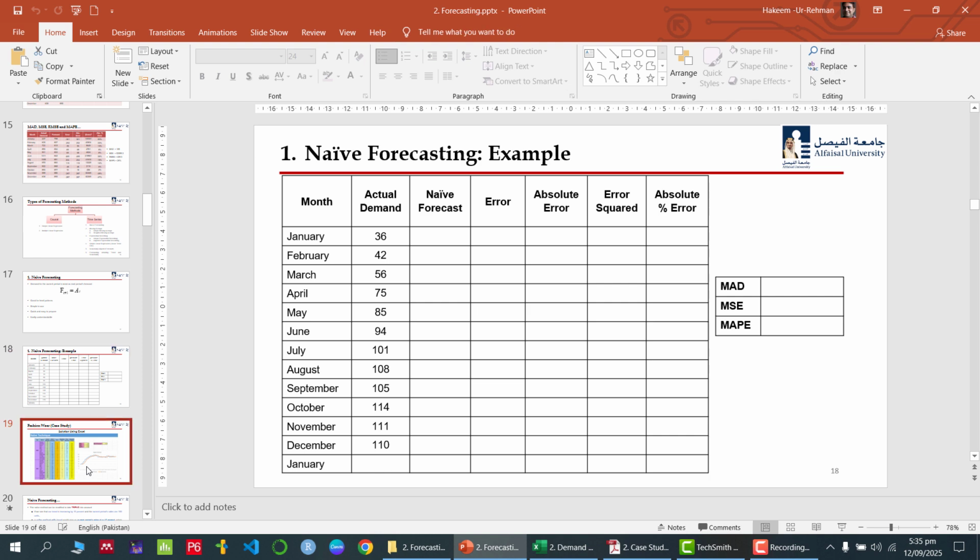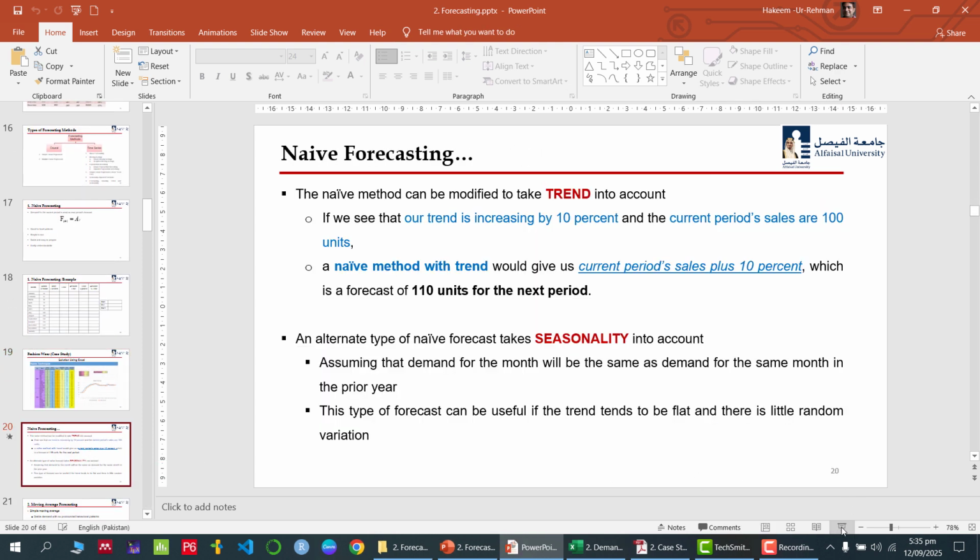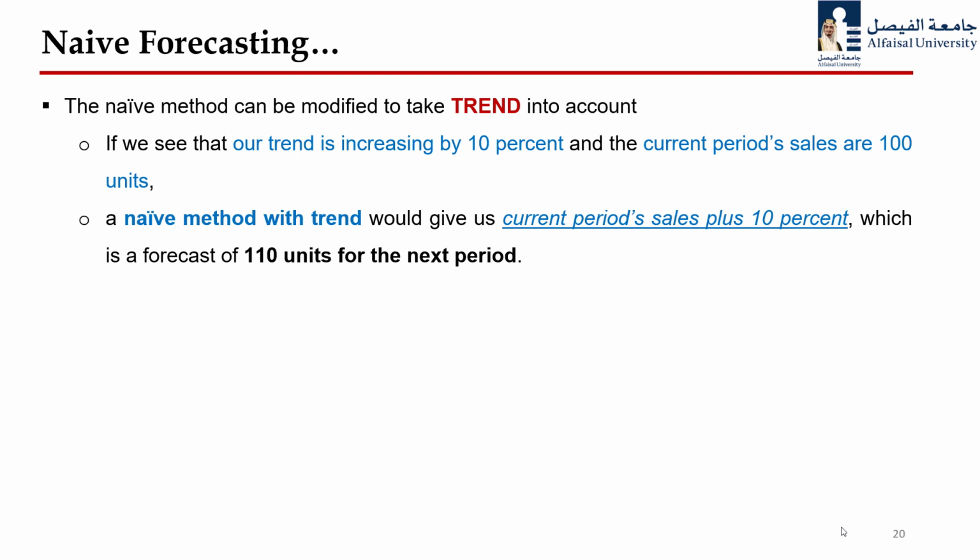If I go back, now, if our data does contain some trend component, which is constant, like if our data is increasing 10% or maybe decreasing 10%, that means this is a constant increase every time period. In order to predict, we are going to take the current period forecast, let's say 100 units, and then take that constant increase or decrease.